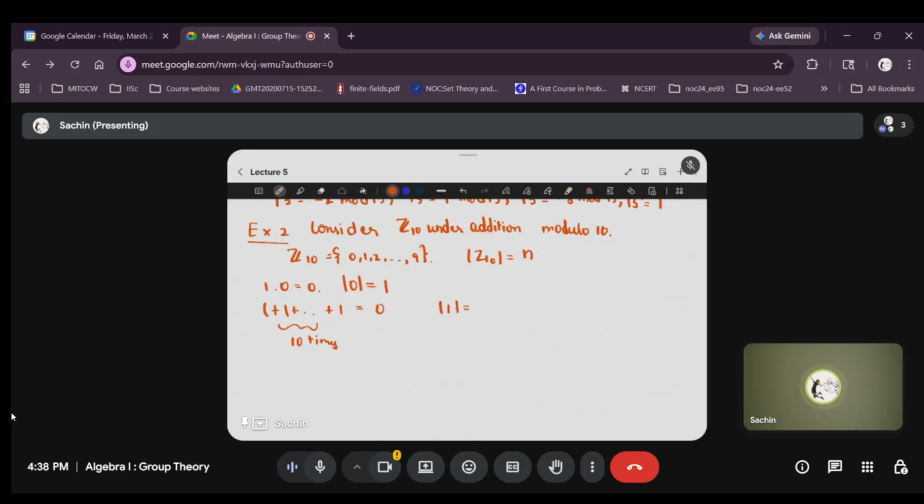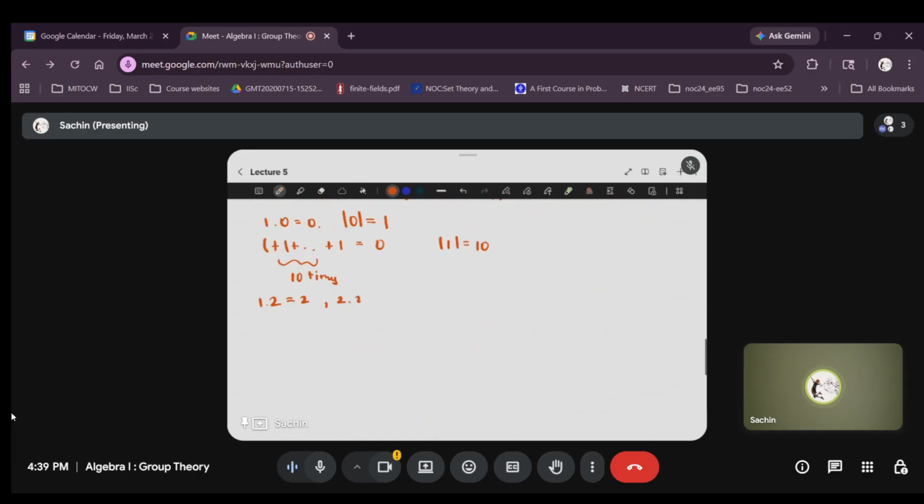So the order of 1 is 10. Then 2 ones is just 2. 2 times 2 will be 2 plus 2, 4. So on, 5 times 2 will be 2 plus 2 plus 2 plus 2 plus 2, which is 10. So that is 0. So the order of 2 is 5.